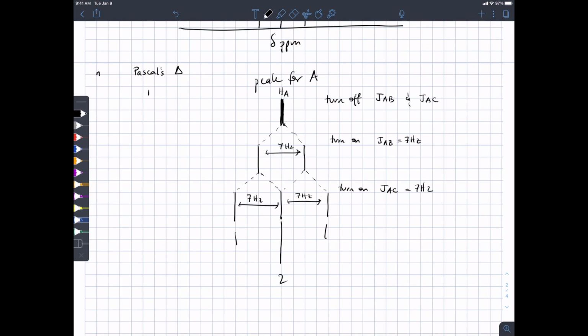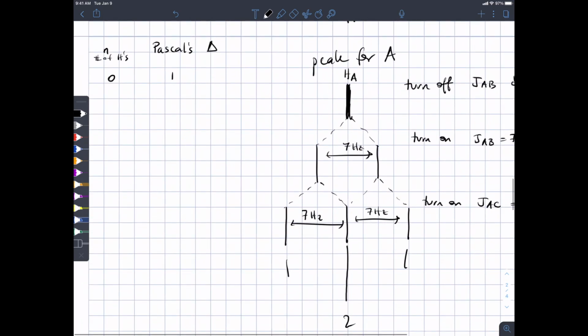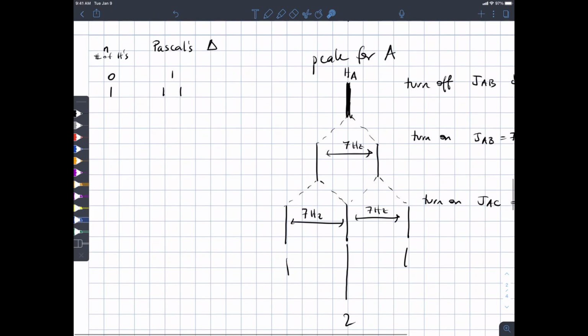Except in this case, n is going to equal the number of protons. If there are 0 protons, you're going to see a single peak. If there is 1 adjacent proton, you're going to see 2 peaks with relative intensity 1 to 1. The number of entries in this row will indicate the number of peaks. The actual value of that number will indicate the relative intensity of those peaks.